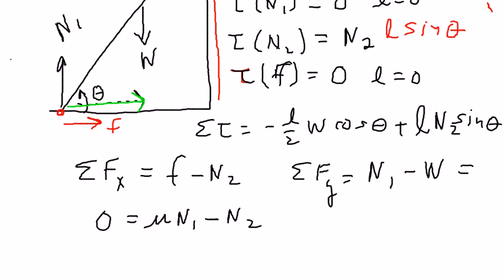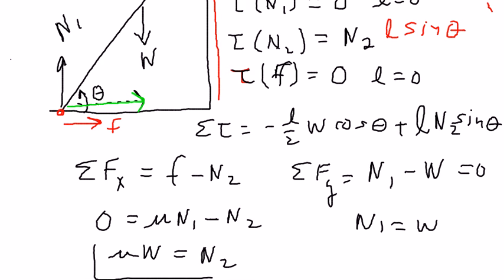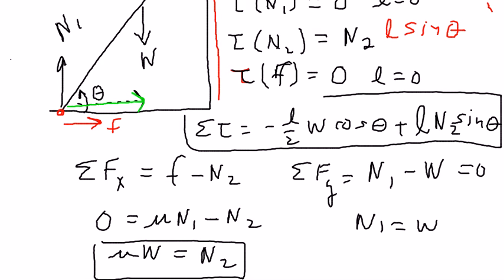This is also equal to 0, so N1 is equal to W, and I can plug that into here, and I get mu W is equal to N2. So this equation and this equation will allow me to solve for the minimum friction.